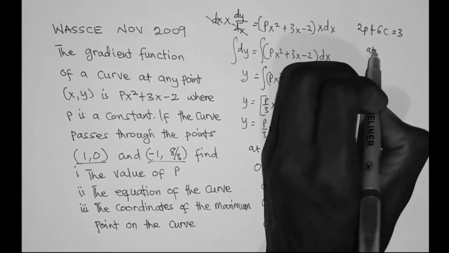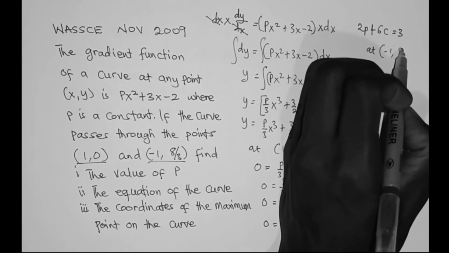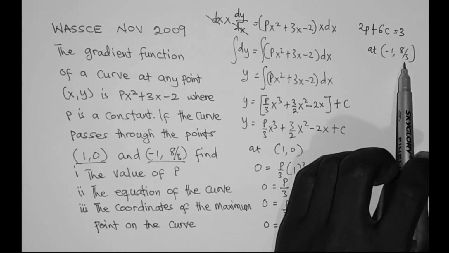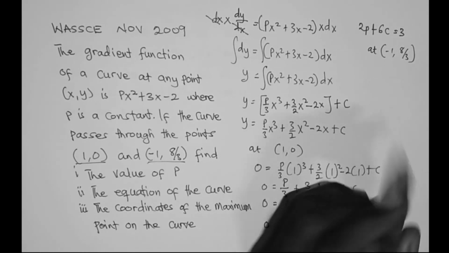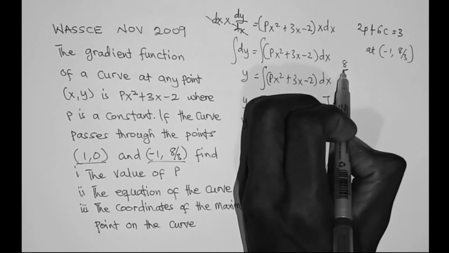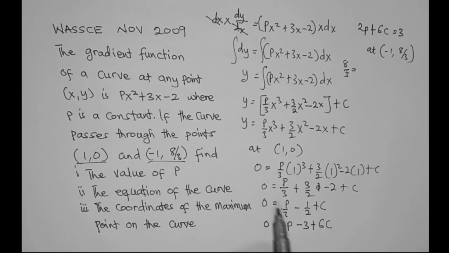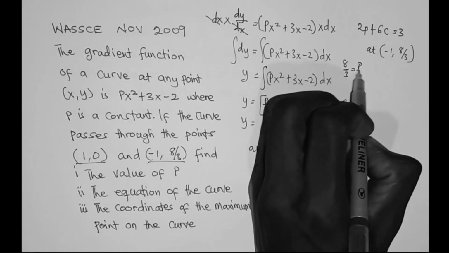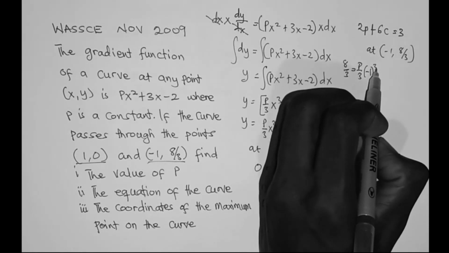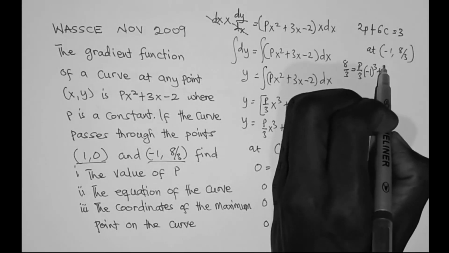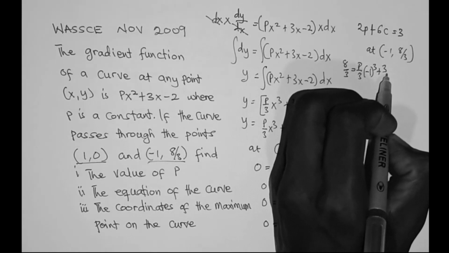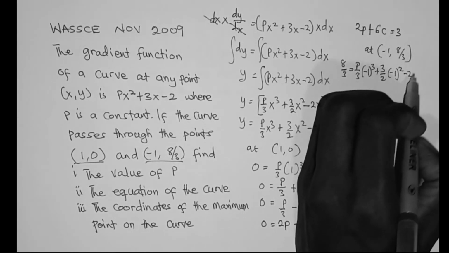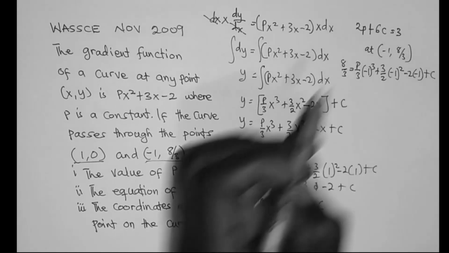Let us also check at the point (-1, 8/3). In this case, y is equal to 8 over 3 and x is equal to minus 1. So 8 over 3 is equal to p over 3 x cubed, which is p over 3 times minus 1 cubed, then plus 3 over 2 times minus 1 squared, then minus 2 times minus 1 plus c.